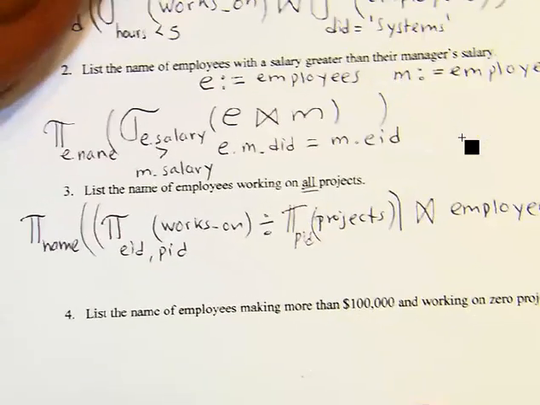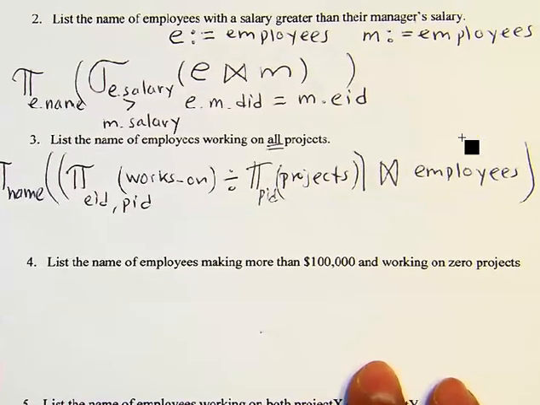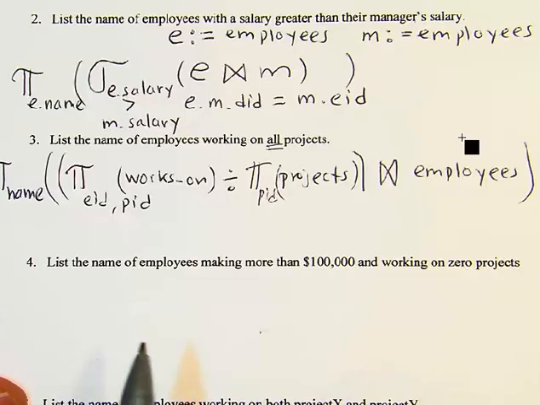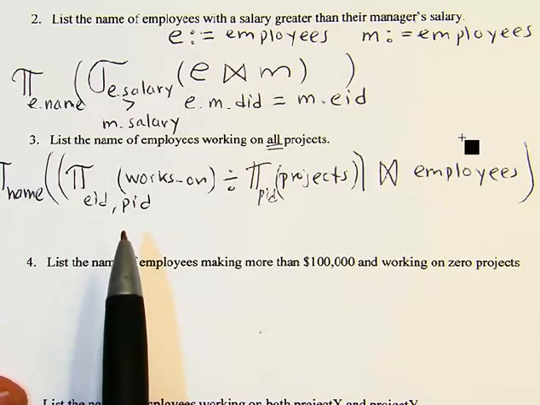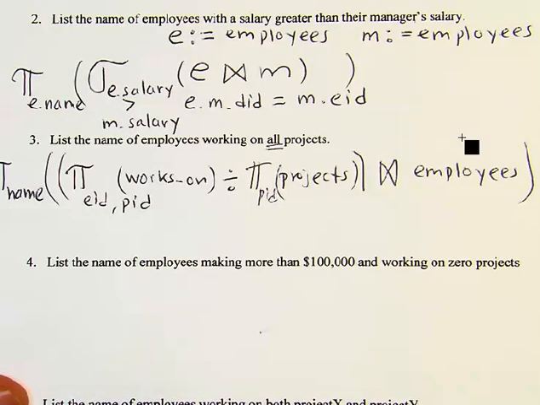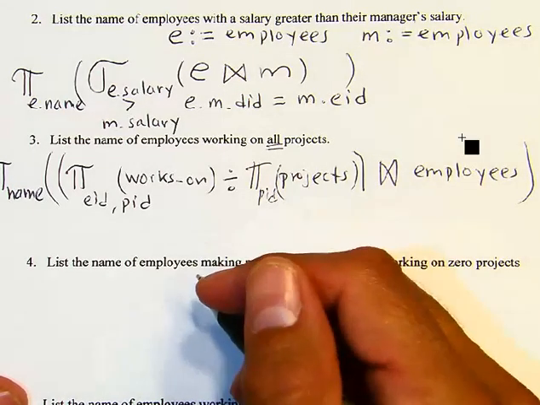Now for number 4: the names of employees making more than 100,000 and working on 0 projects. Okay, so let's see.